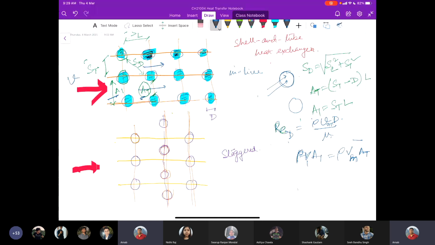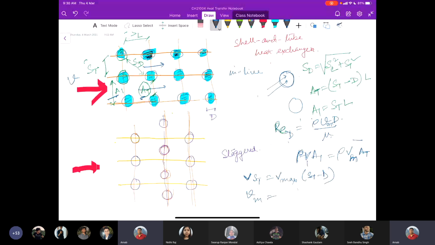So for this inline arrangement, if this is an incompressible flow, then what would be the scenario? That V maximum, or Vm, is ST by (ST minus D) times V. Agreed? Yes, sir.